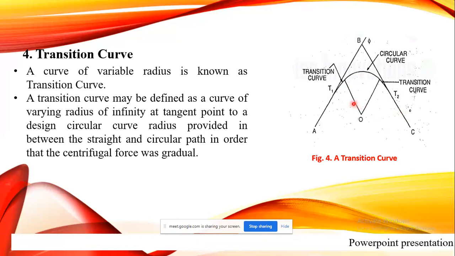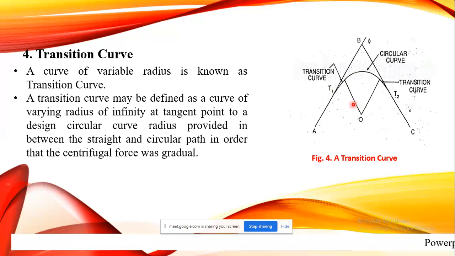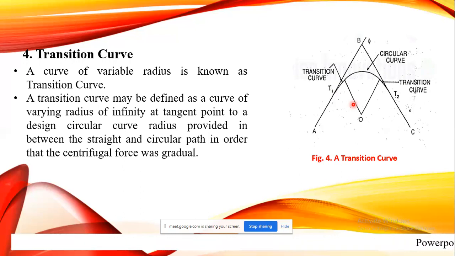Basically, this type of transition curve is provided in the case of railway tracks. Whenever excessive super elevation is provided, it causes wear and tear to the rail sections and provides discomfort to the passengers. For that purpose, transition curves are provided.